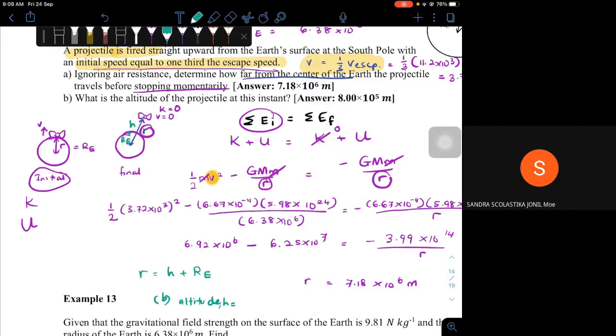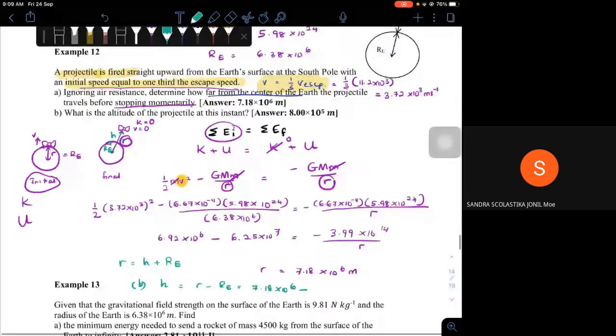So the altitude H is equal to R minus the radius of Earth, as you said earlier. So 7.18 times 10 to the power of 6 minus the radius of the Earth, 6.38 times 10 to the power of 6. So I think you get 8 times 10 to the power of 5 meters. Meters is correct, because the unit is given in meters. This is in kilograms.